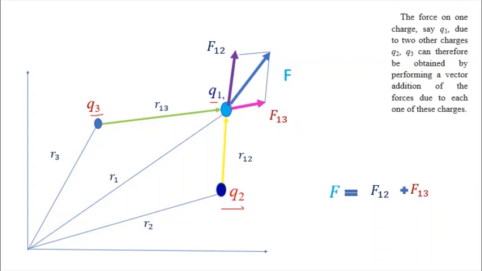For that, we have to complete the parallelogram. By completing the parallelogram, the diagonal gives us the resultant force F. F can be written as F is equal to the vector F12 plus the vector F13.